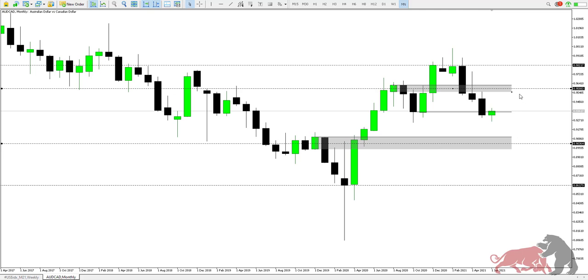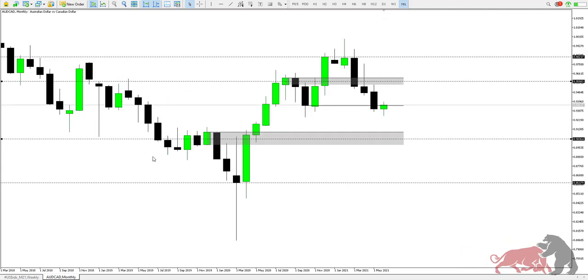Now, with this structure that I've marked, the high is coming in here. This is our last up close candle. The range is also too big for us to classify as a bearish order block here, meaning we have to go into lower time frames.